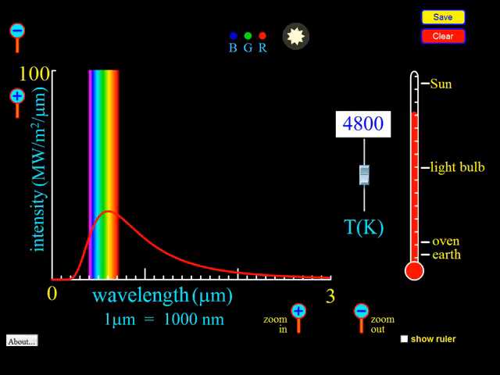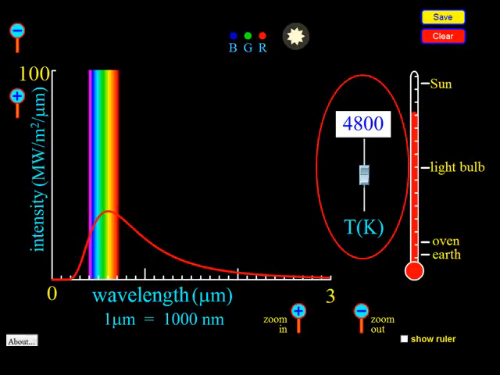Once you get the Java simulation running, it'll look something like this when you first open it up. On the left-hand side, you have a blackbody curve, intensity versus wavelength. It's going from bluish wavelengths on the left to reddish wavelengths on the right.